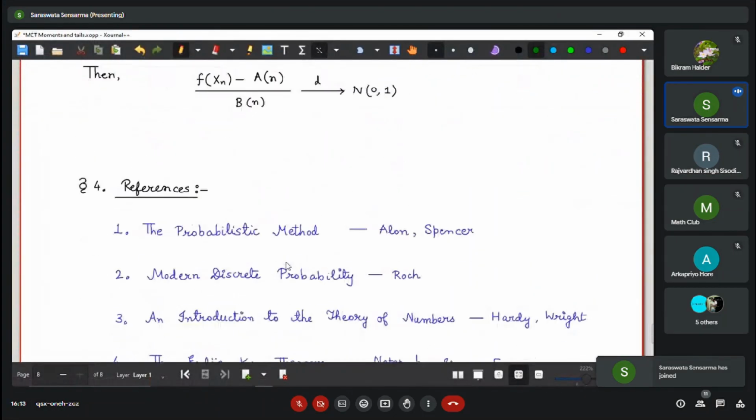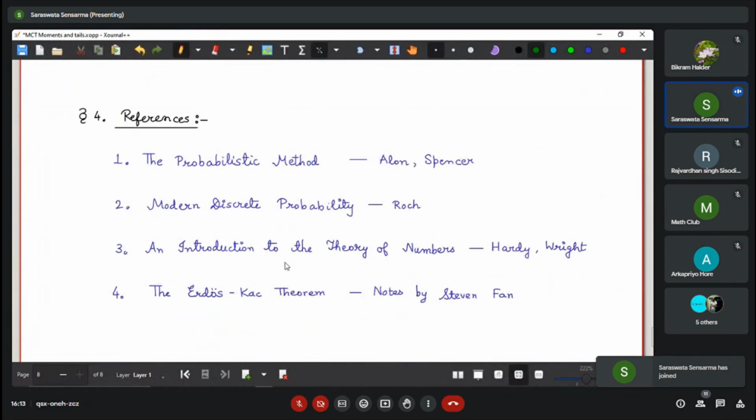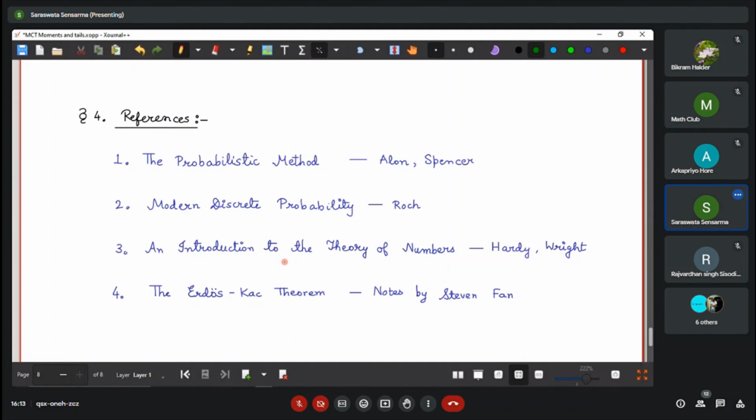There's another book called Modern Discrete Probability by Sebastien Roch. And the last example was taken from An Introduction to the Theory of Numbers by Hardy and Wright. And you can find individual notes on the Erdos-Kac theorem everywhere on the internet.